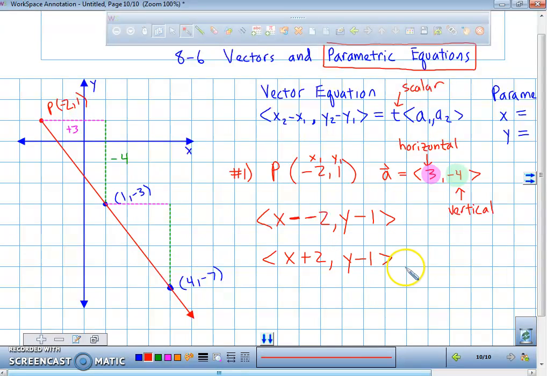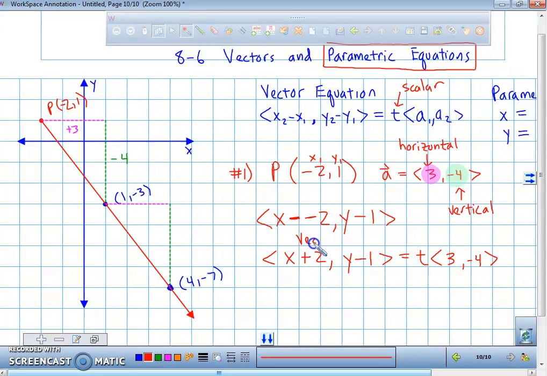Okay? So that's the first part. And that's going to equal t, which is your scalar. We'll explain what that means. Times, what was our A1? Our A1 is a 3, and our A2 is a negative 4. This is what's called the vector equation right here.